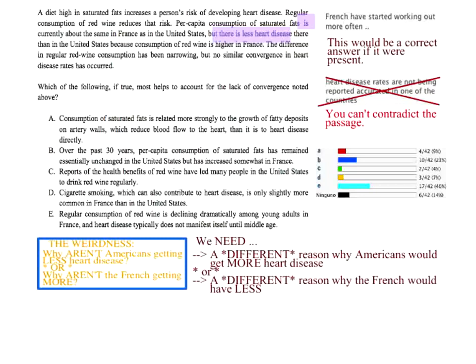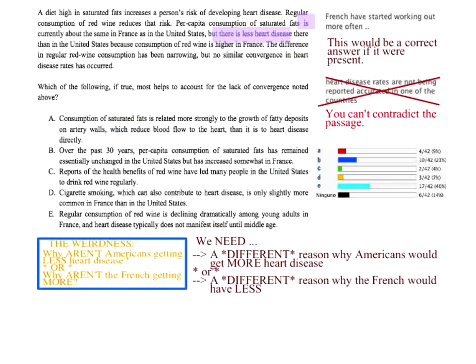What's wrong with choice B? What does it have to do with the weirdness? It makes the weirdness weirder. Yeah, like what Kevin says here. That's the problem with B. It goes the wrong way.